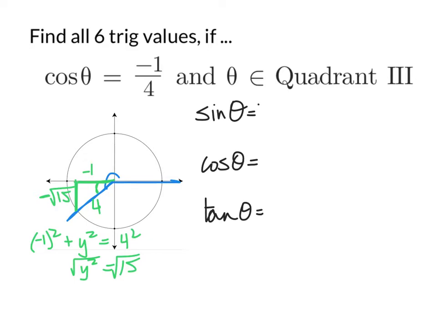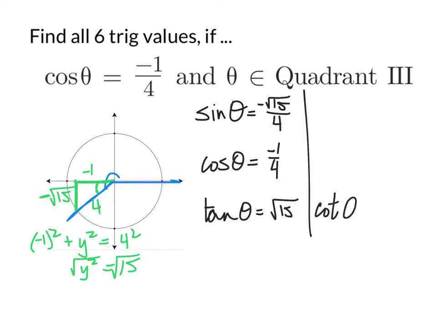Sine is going to be opposite over hypotenuse. Cosine was given as -1/4. And then tangent is going to be opposite over adjacent. So -√15 over -1 is going to end up being +√15. Then our cofunctions, cotangent of theta is going to be the reciprocal, so 1 over √15.